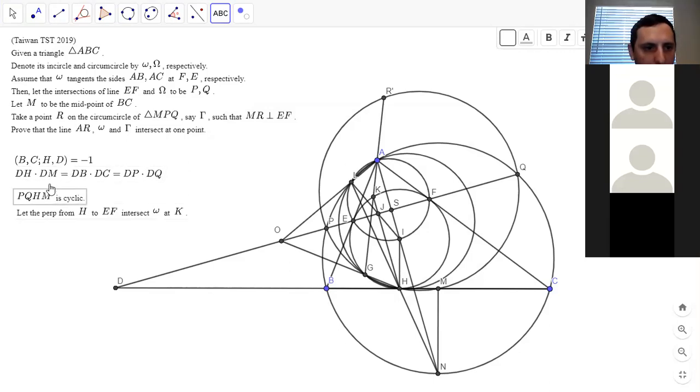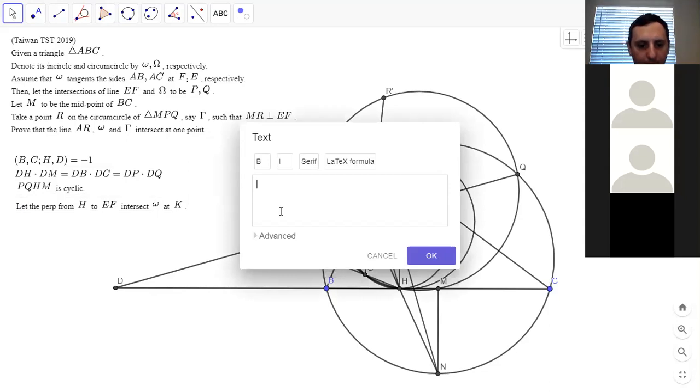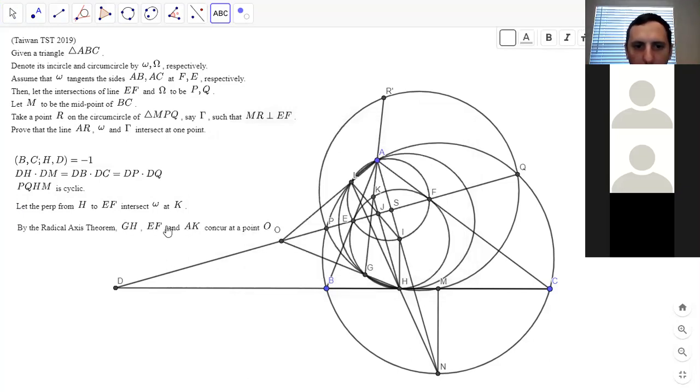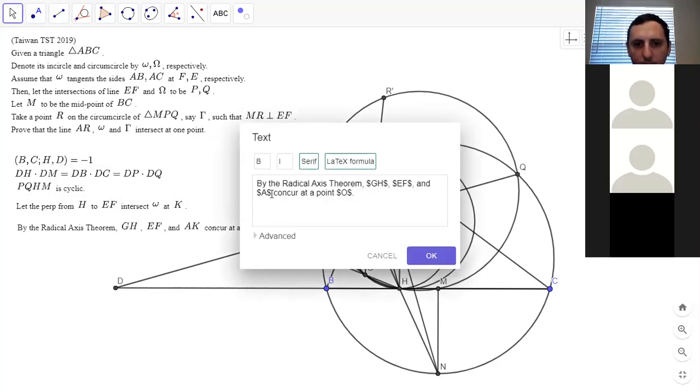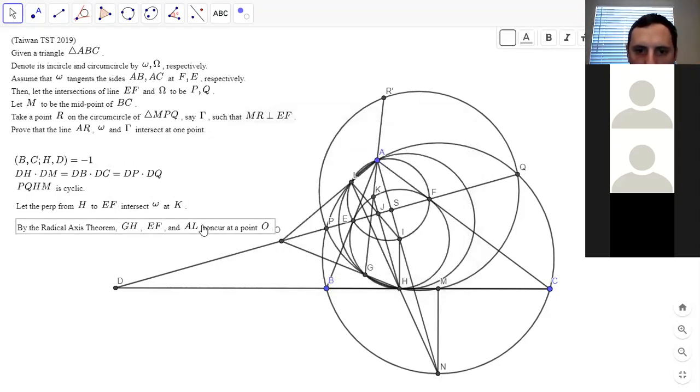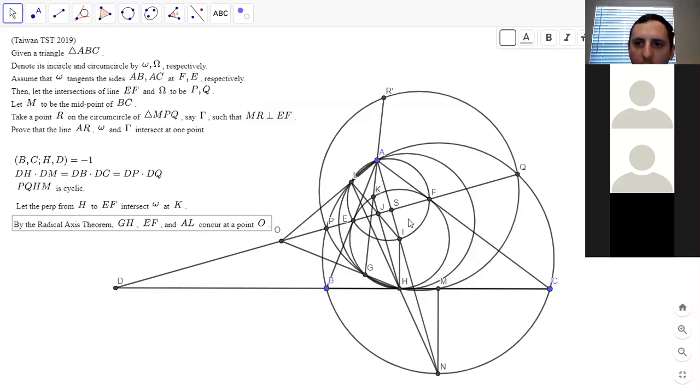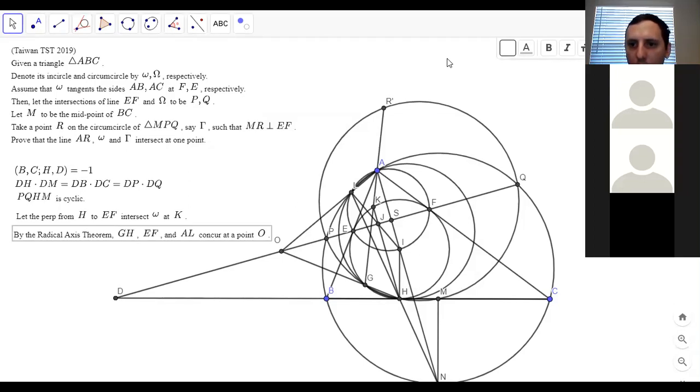So by the radical axis theorem, GH, AL, and EF concur at a point O. And then I'm going to write out what Nguyen said.